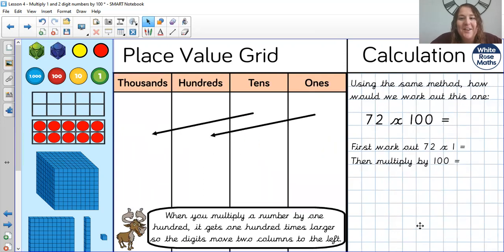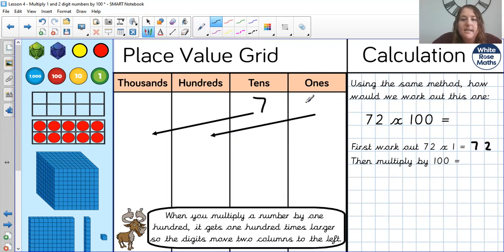Okay, now let's have a go at 1 by ourselves. So using this same method, how could we work out 72 times 100? So first work out what 72 times 1 is, or use the number 72. Quite simple. So 7 in the tens and 2 in the ones. And when you multiply a number by 100, it gets 100 times bigger. So the digits move 2 columns to the left.